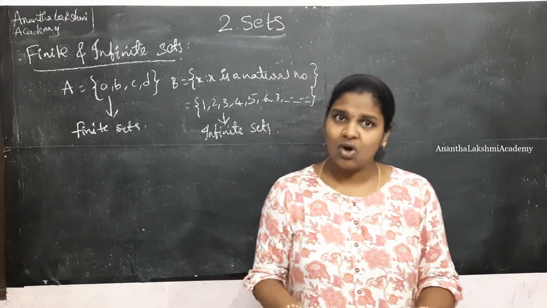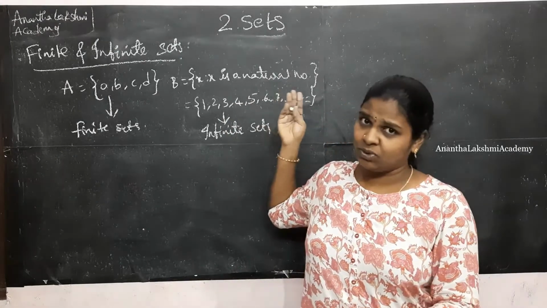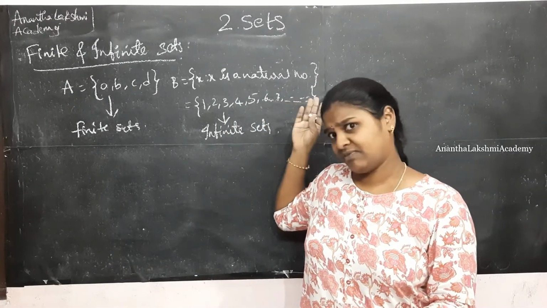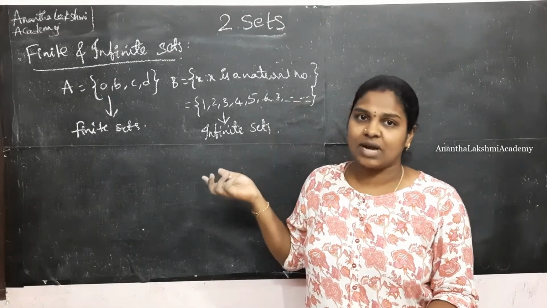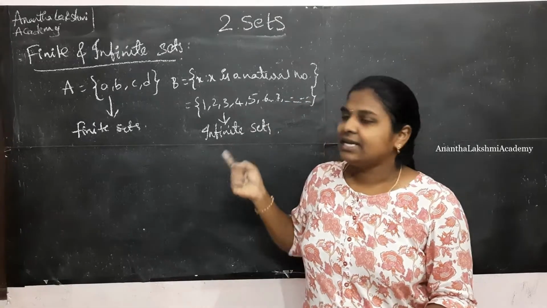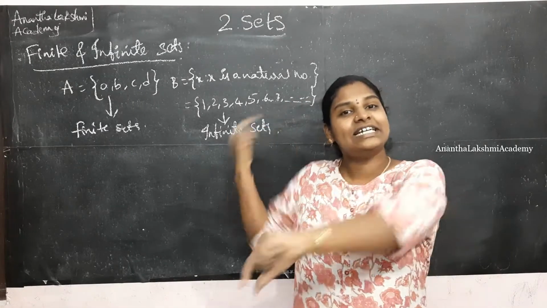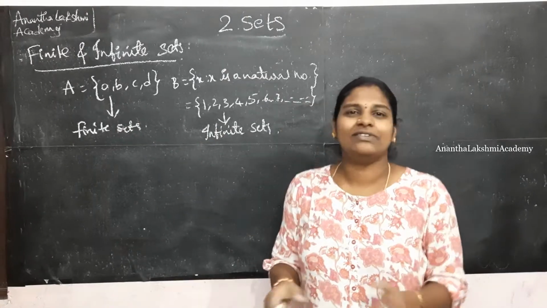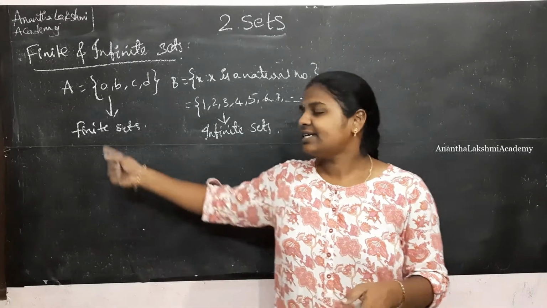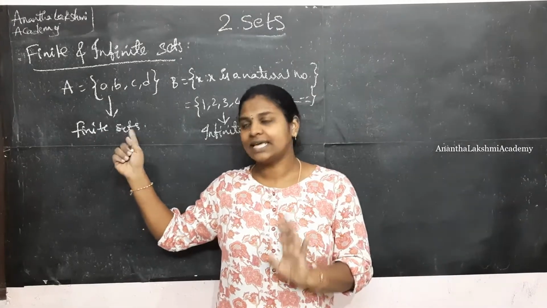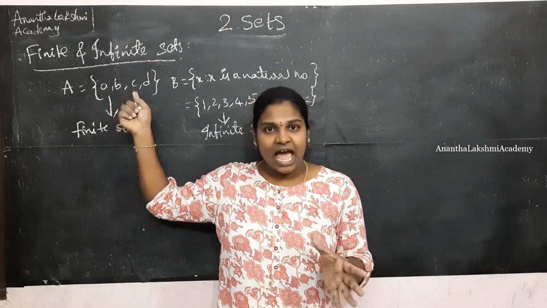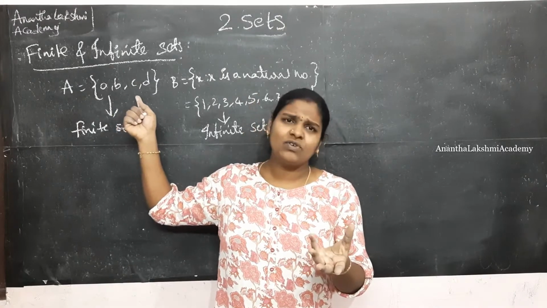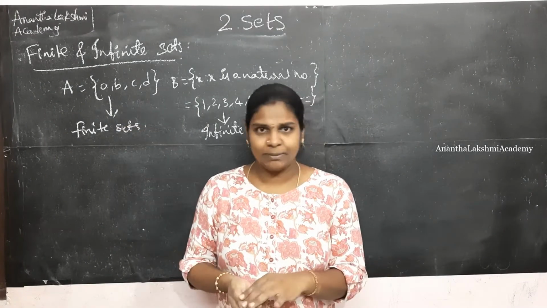When you do not know till where it goes, it may go till 1 lakh, it may go till 1 million. You do not know, right? So this is an infinite set. Any set which is not finite is also an infinite set. The simple definitions, right? Finite sets are nothing but the sets which are having a static number of elements, I mean countable number of elements.